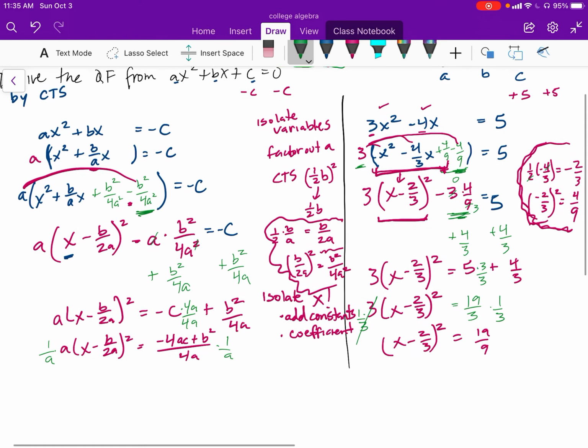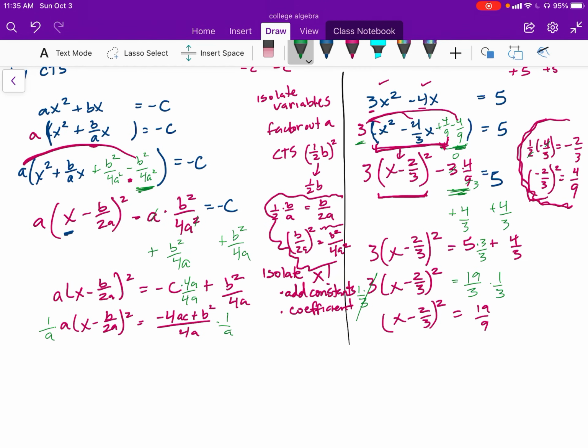I'm going to scroll down a little bit, give us some room. Well, next we need to take the square root of both sides, because I'm left with this over here, right? I'm going to rearrange these only because you should notice this is starting to look like the quadratic formula. So I'm going to do it in that order.